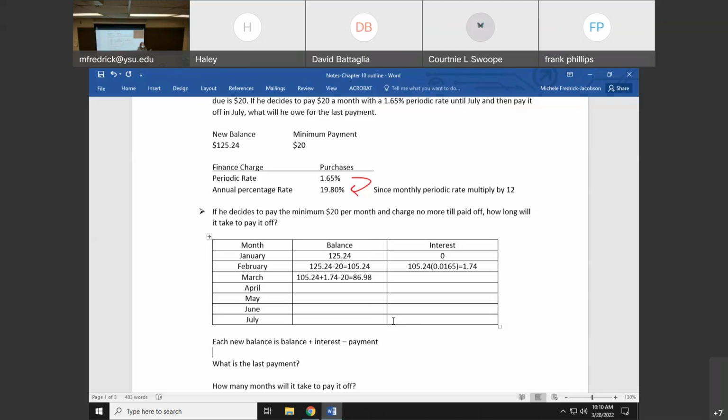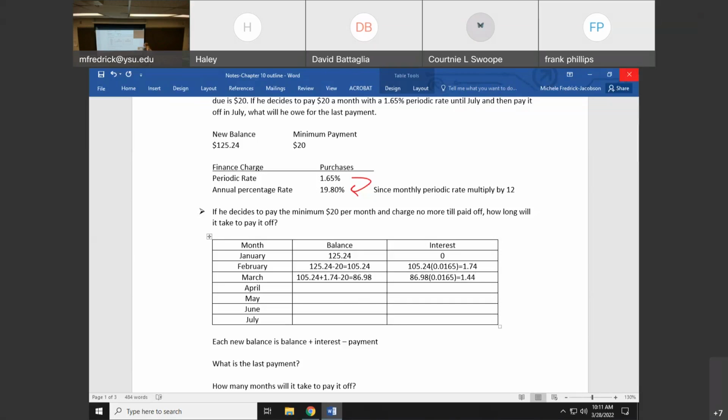That's what he left on the credit card for that month, so that's what he has to pay interest on. Any questions?